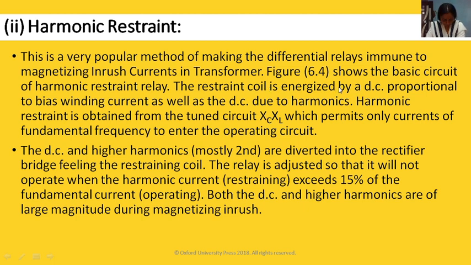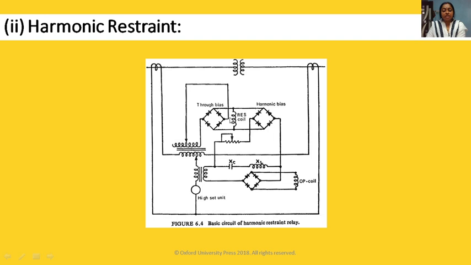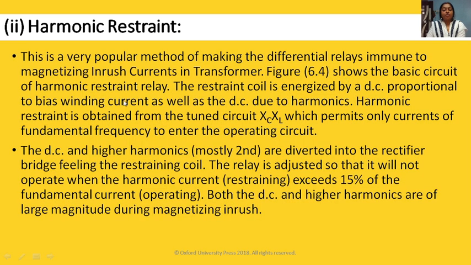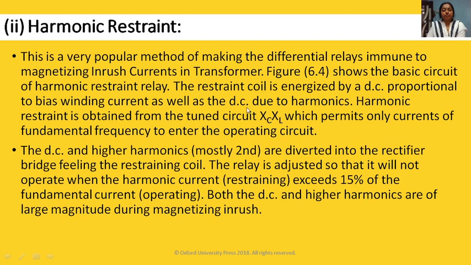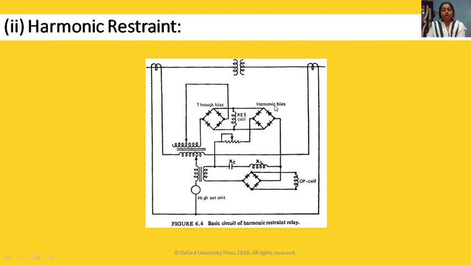Figure 6.4 shows the basic circuit of the harmonic restraint relay. Look here, the restraining coil is energized by a DC proportional to the bias winding current as well as DC due to harmonics.